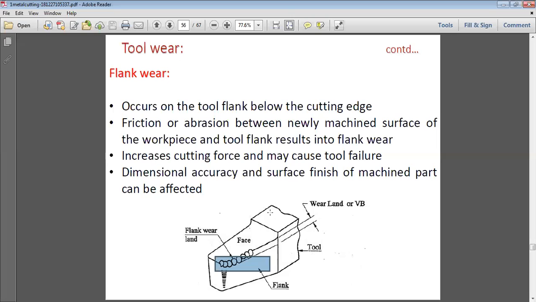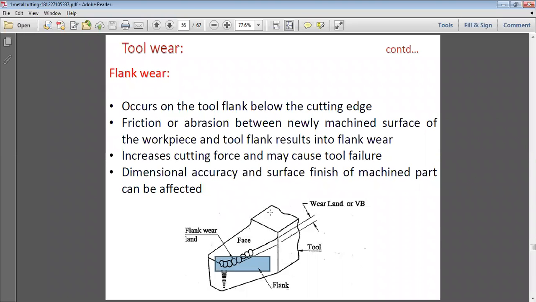So there will be chances of it going over the machined surface again. When it goes over the machined surface, it will give some grooves, increasing the surface roughness of that newly machined part. It will leave scratches or lines where the flank is in contact.